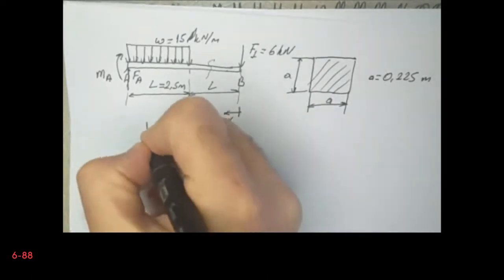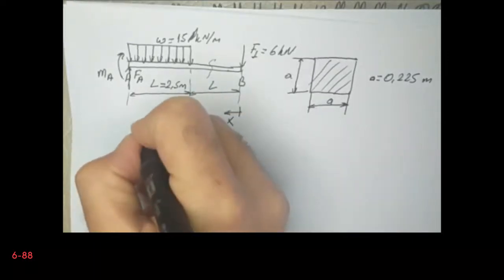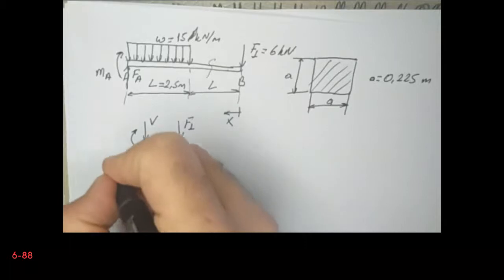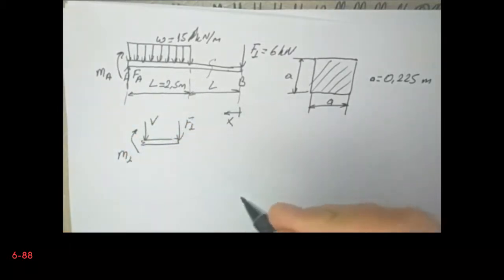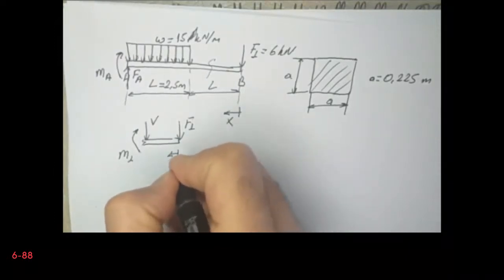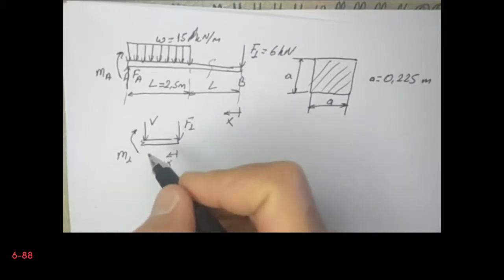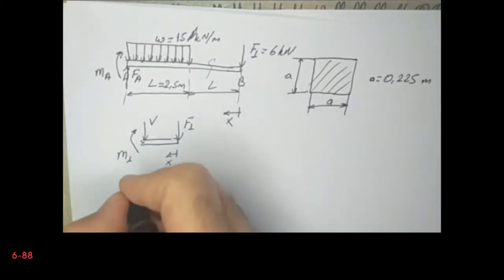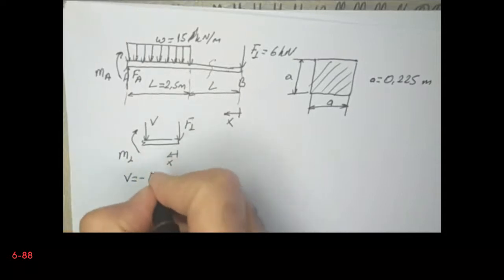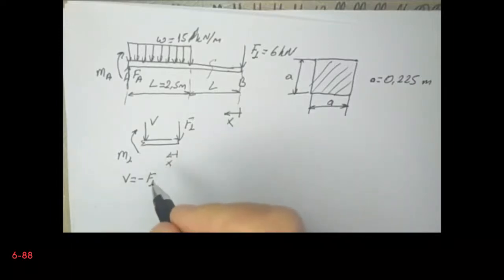I have the shear force, let's say that this is V, and I have the bending moment, let's say that this is M1. So the sum of the forces has to be equal to 0, and bear in mind that this is my reference point X. So V has to be equal to minus F1 in this case, and M1 has to be calculated.